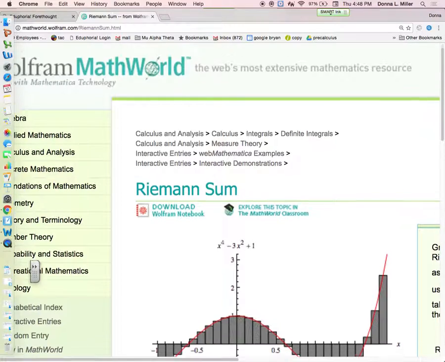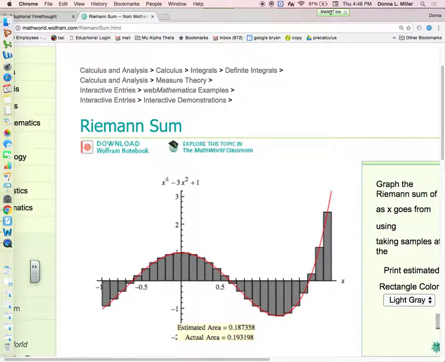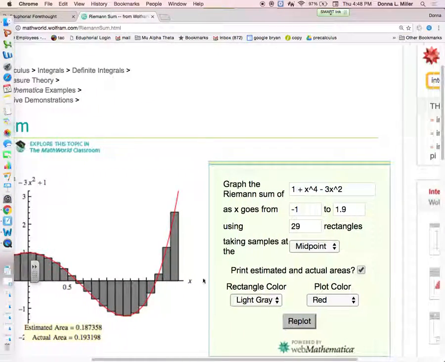All right, usually what they'll do is let you enter the function. So the function that I'm particularly evaluating today is the square root of 4 minus x squared. So I'm going to type it like that into this. And I'm integrating from 0 to 2.